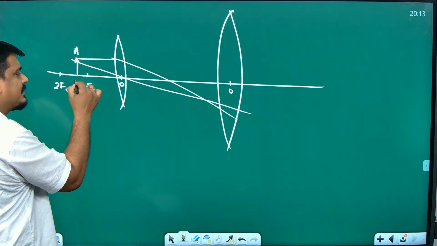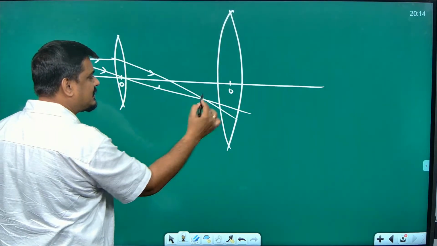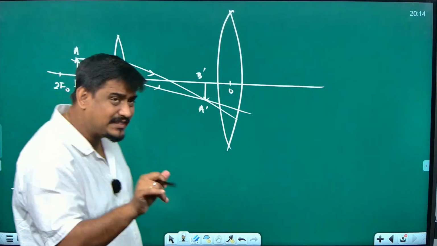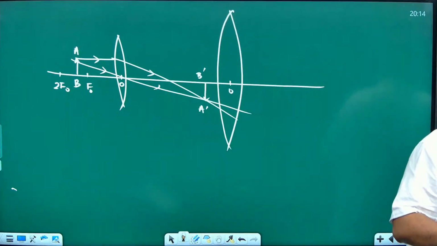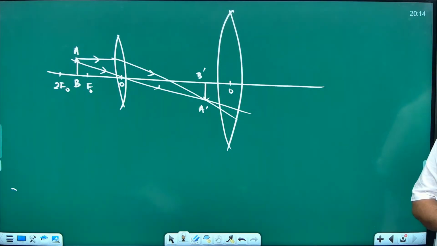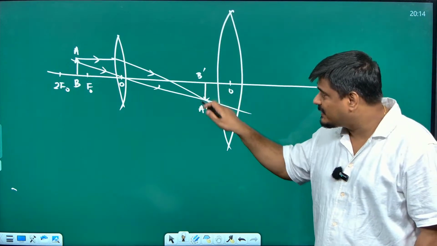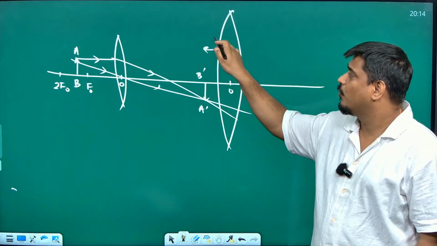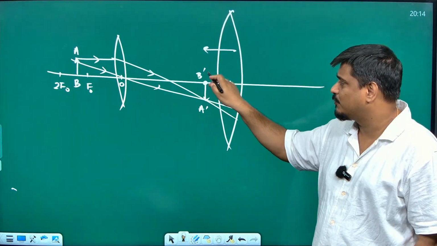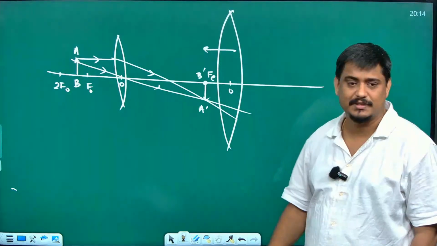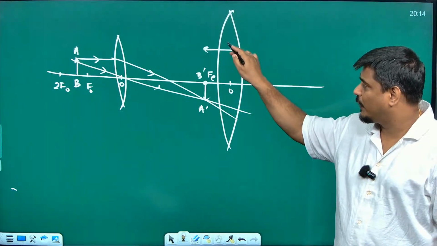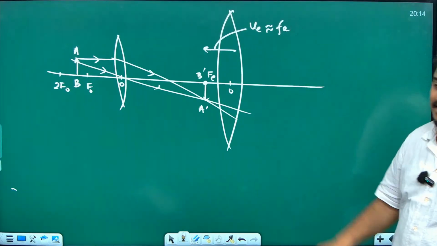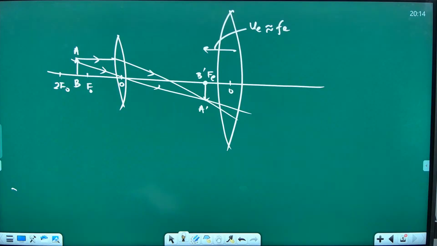This is AB and this is A dash B dash. Difference is NCERT has assumed that this image forms very near to this point, which is actually the focus of the eyepiece. This you can take as UE also. UE is almost same as FE in the case of NCERT book.